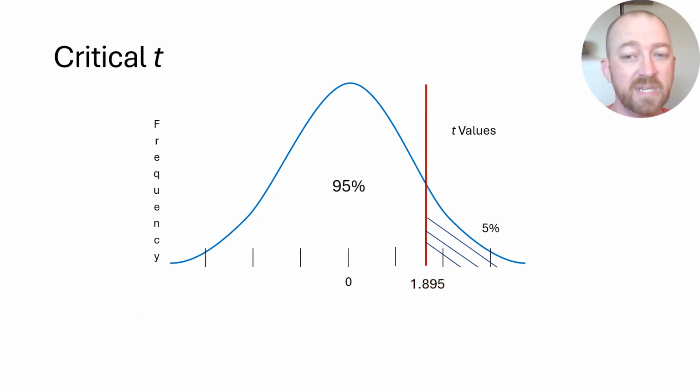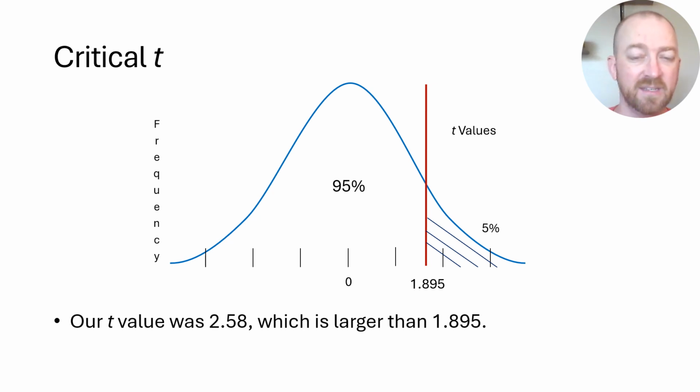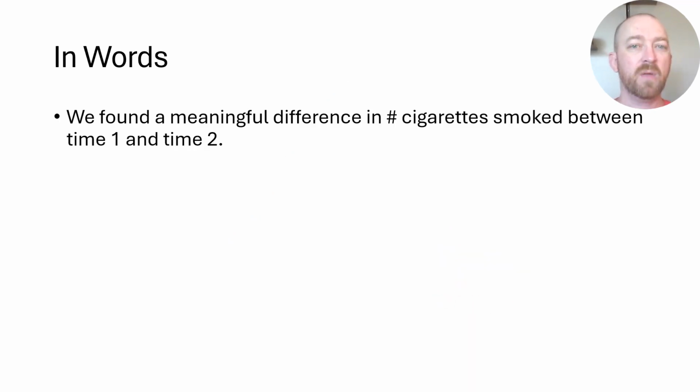And of course, we did find that it is statistically significant because the t-value we obtained using our data was 2.58. And 2.58 falls deeper into this tail of interesting t-values than 1.895. So therefore, we found statistical significance. Okay, so just to wrap this up, we found a meaningful difference in the number of cigarettes smoked between time 1 and 2.